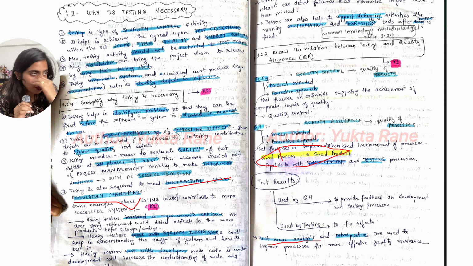If you have studied Agile before, at the end of a sprint, you analyze what went good, what went bad, if something went bad, what was the learning out of it, and what can be further done to improve the quality of products or software. Okay, so this is nothing but quality assurance.